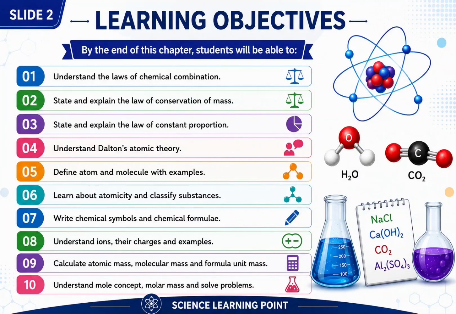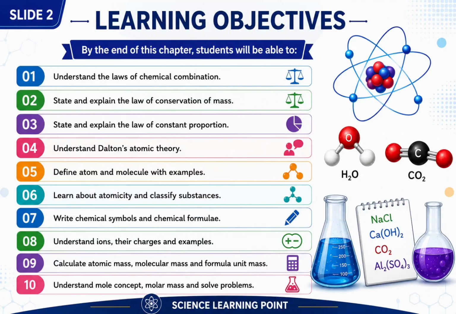Before we start, let's see what we are going to learn. First, we will learn how substances combine. Then we will learn about atoms and molecules. We will learn how to write chemical symbols and formulas. Then we will meet ions, which are charged particles.